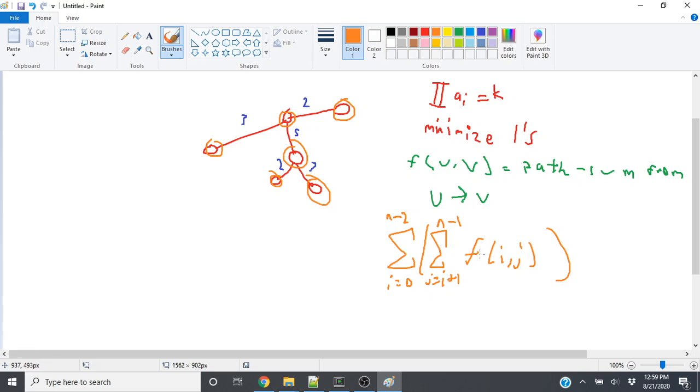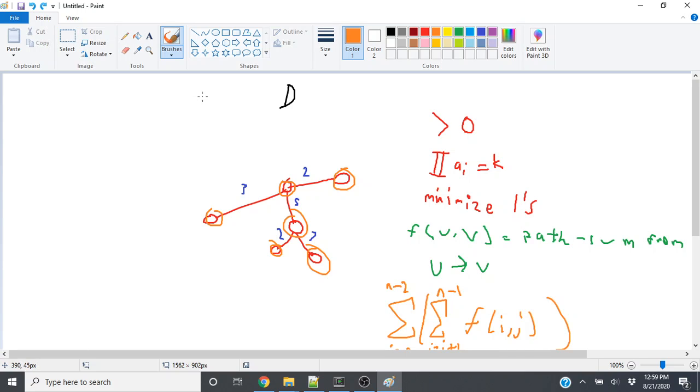So it's every unique path, essentially. So how do we minimize this?